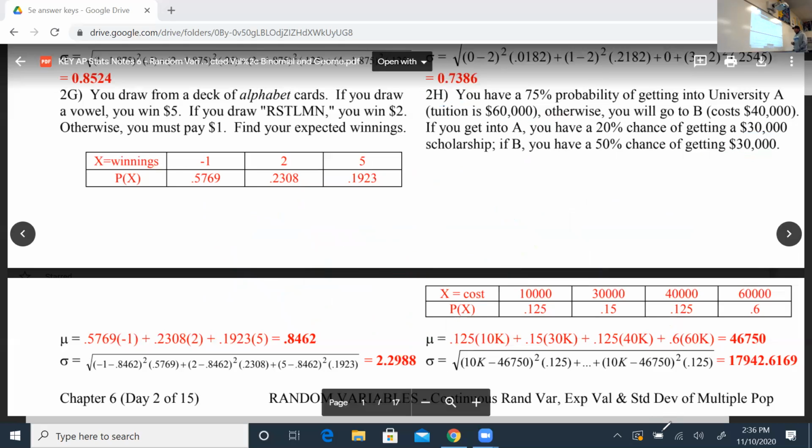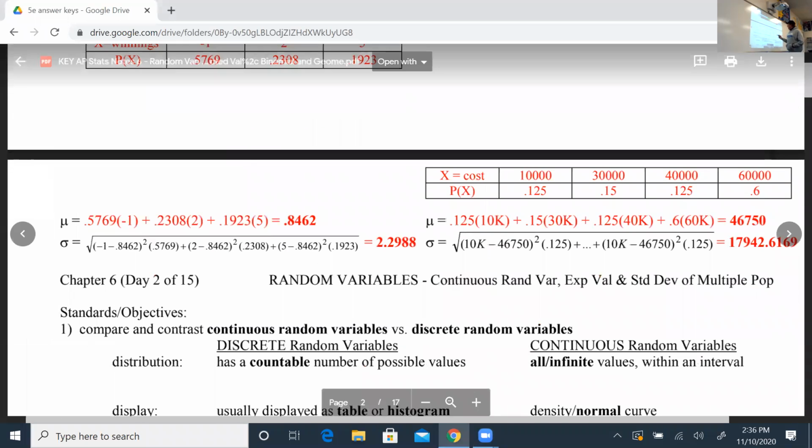Okay, now we've got the table. Here's the mean. You're going to multiply it all the way through, and the expected cost, or the average cost, would be about $46,750. Now, the standard deviation is absolutely awful, and I was cheap, and I actually didn't do the whole thing. I have the start of it anyways.